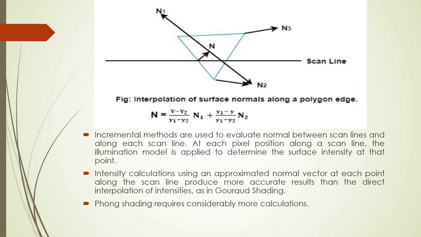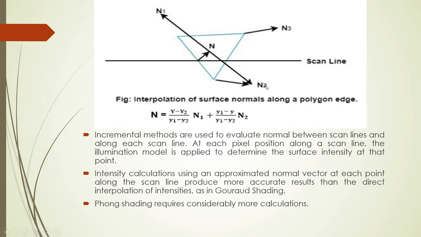Wherever we have the intersection, there we will calculate the normal vector N. The formula for calculating this is: N = ((y - y2) / (y1 - y2)) * n1 + ((y1 - y) / (y1 - y2)) * n2, where y2 is the point which we have calculated for n2.